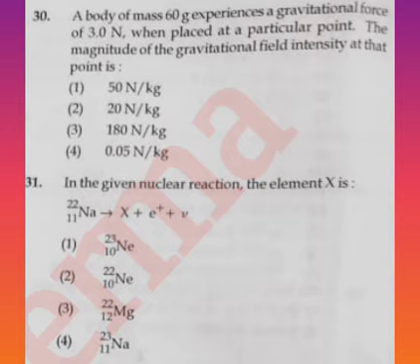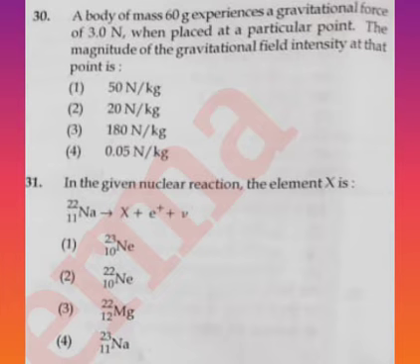Question number 31. In the given nuclear reaction, the element X is: sodium, atomic number 11, mass number 22, gives rise to X element plus 1 positron plus neutrino. Option 1 is Ne, atomic number 10 with atomic mass 23.